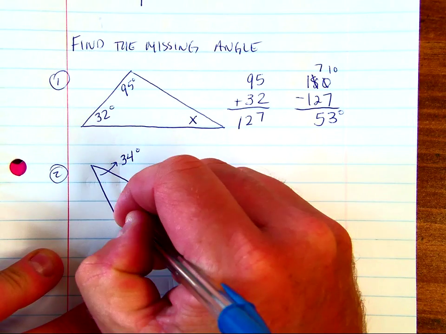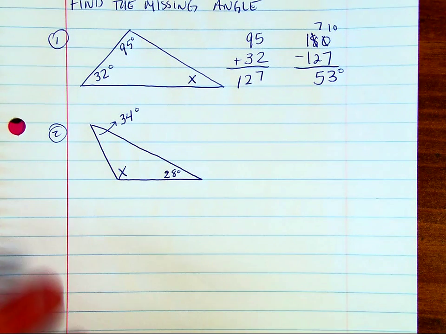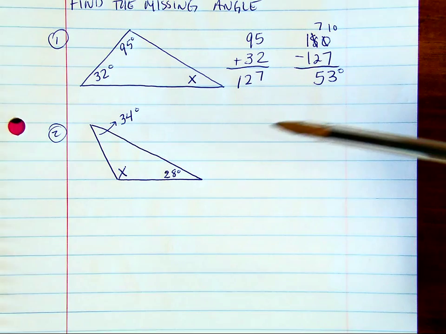All right, see if you guys can figure out the missing value for that angle. We have this angle up here, which is 34 degrees, and this angle down here, which is 28 degrees.